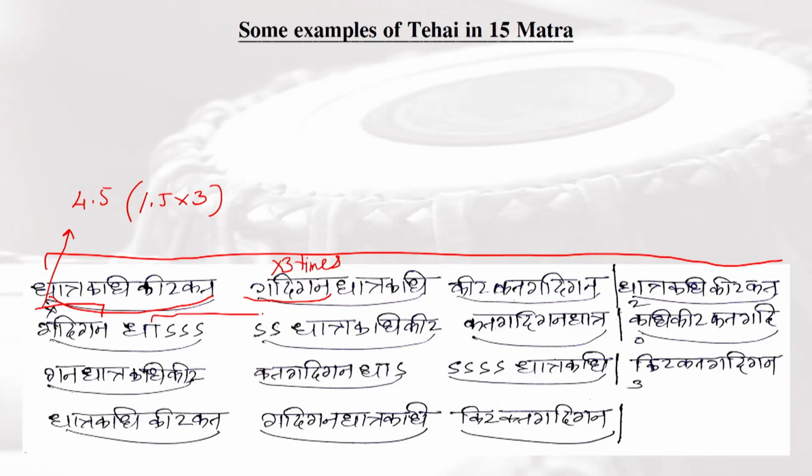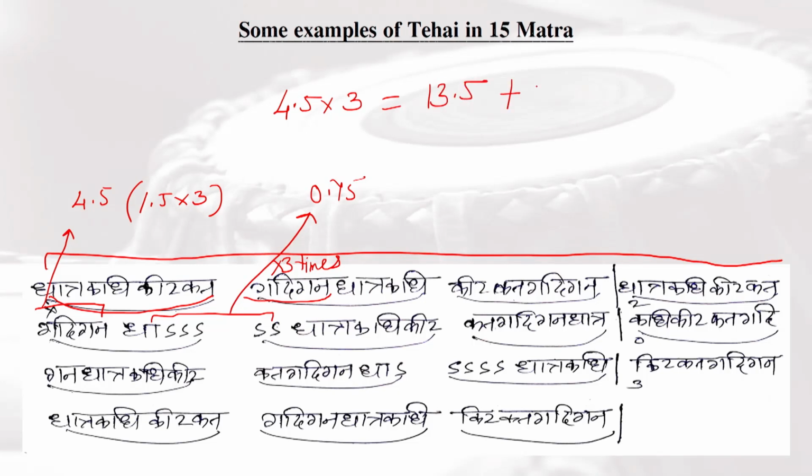This is the pause, 0.75 Matras. So these are 0.75 Matra, 2 pauses. 4.5 into 3, we get 13.5.